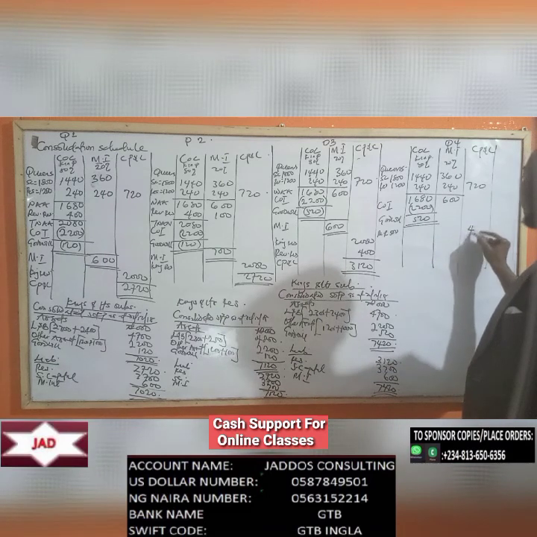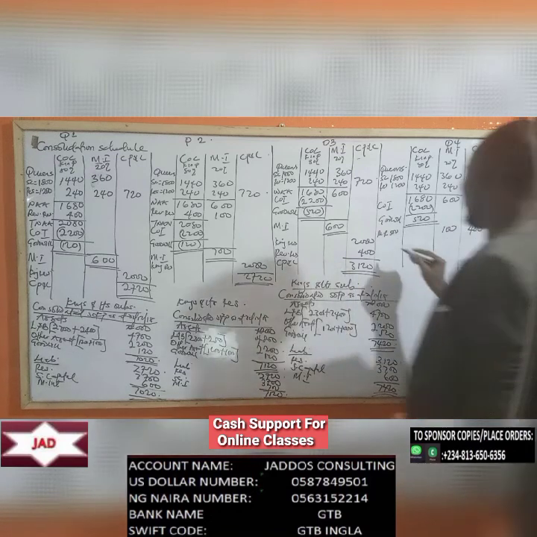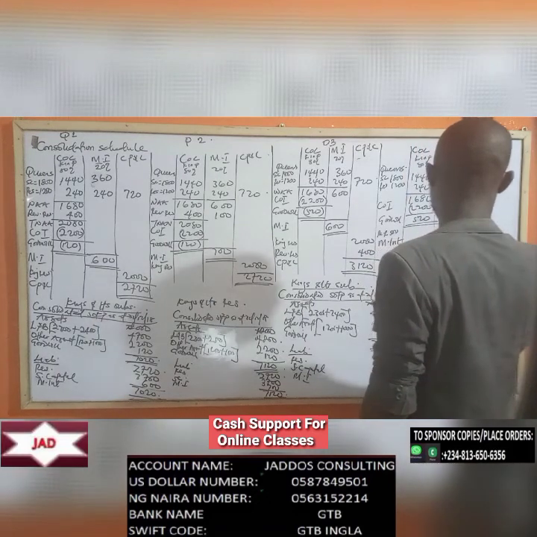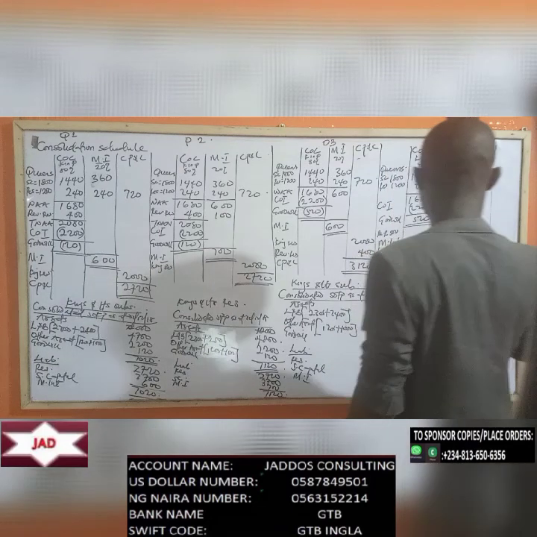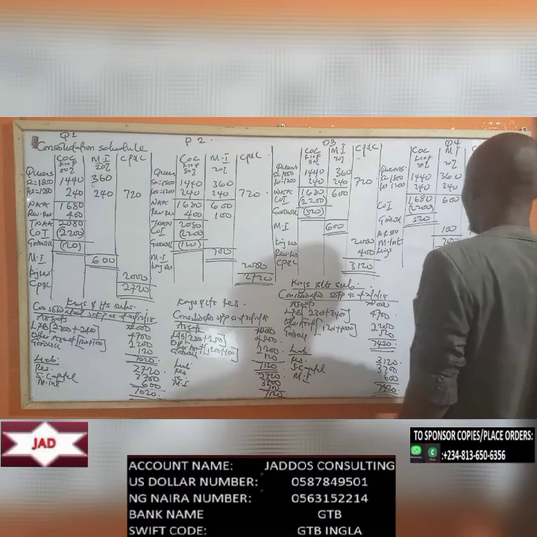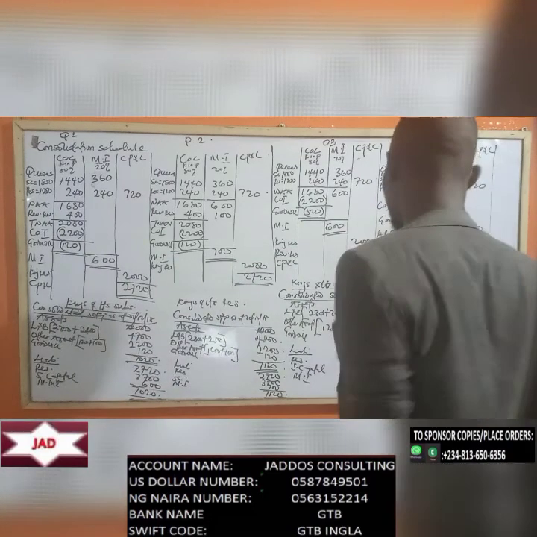This 80% here is 400. This guy will take the balance, 100. Okay, so it means your minority interest is 700. King's reserve is still 2,000. So we add up, what do you have? 3,120.